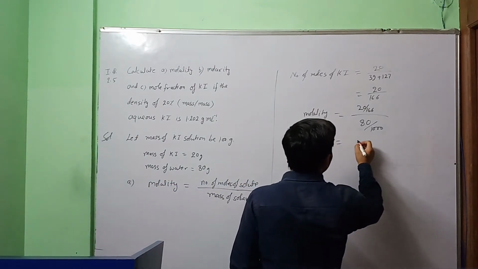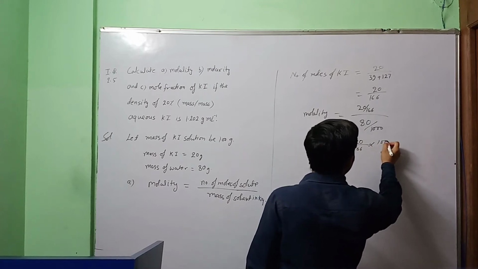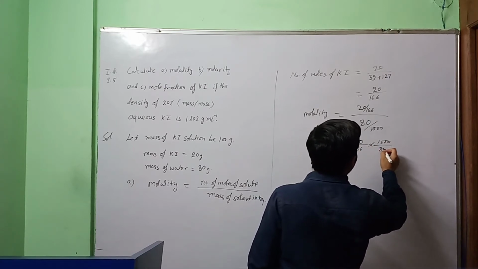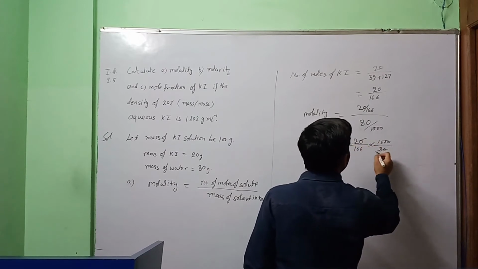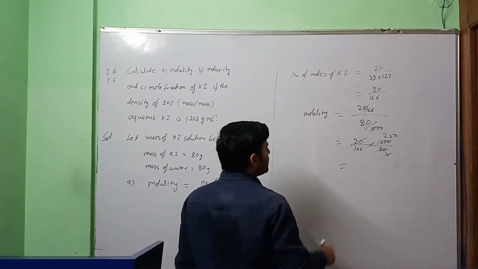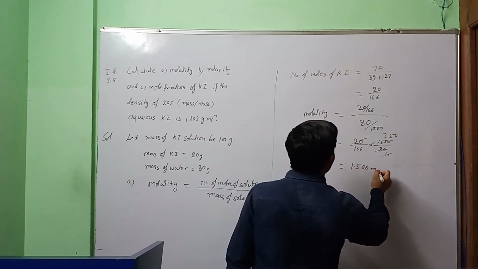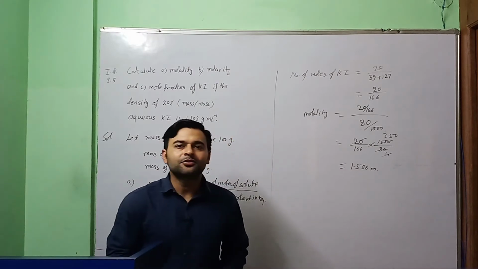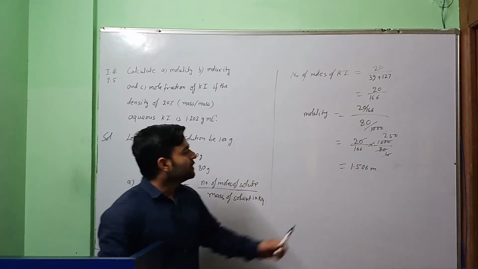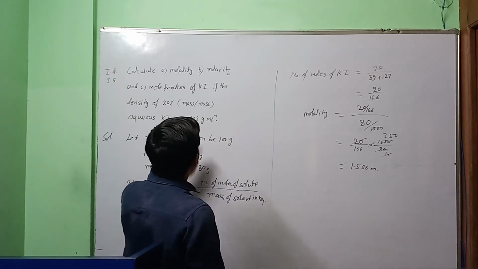Now on simplifying this we will get 20 upon 166 into 1000 upon 80. So this will be cancelled 4 times and this will be cancelled 250 times. So we will get 1.506 m. So molality of KI solution is 1.506 m.